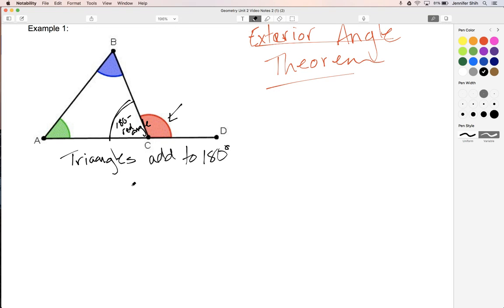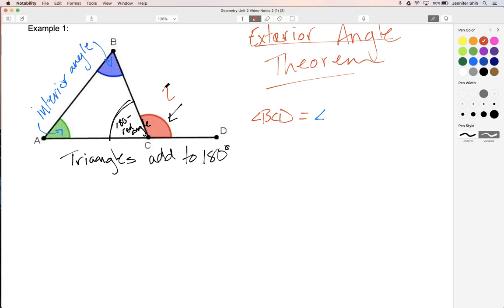Here's a better way to think of this. With the exterior angle, what you need to know is that angle BCD is going to equal the sum of both the interior angles. These guys are interior angles. They are inside the triangle, and they are opposite the exterior angle.